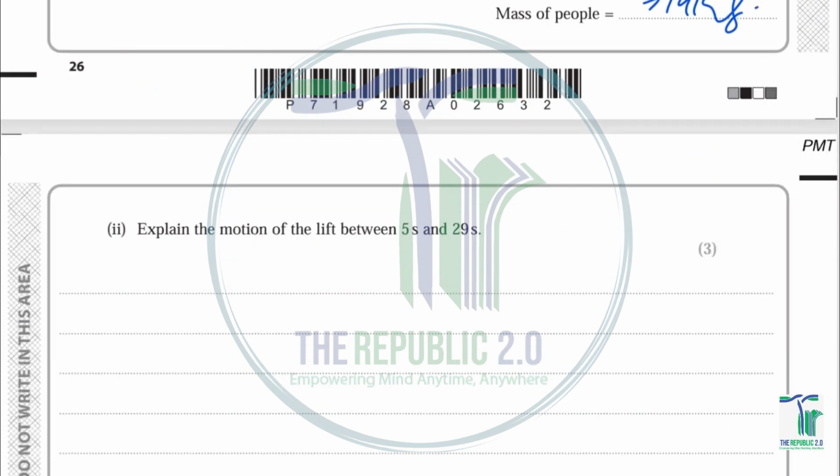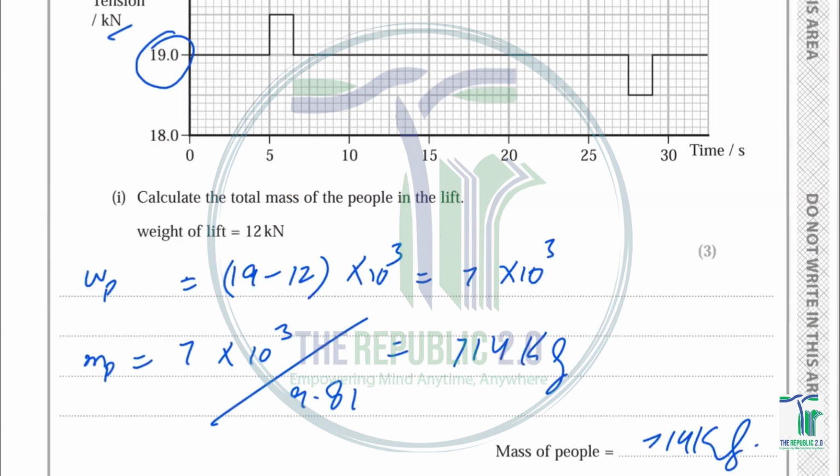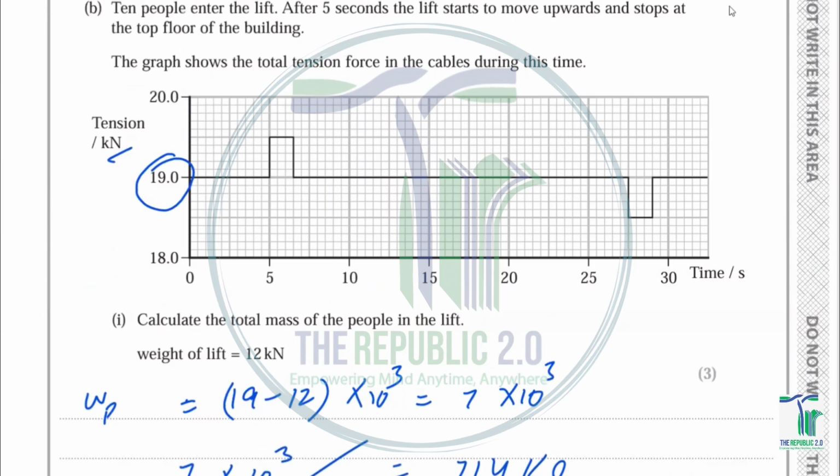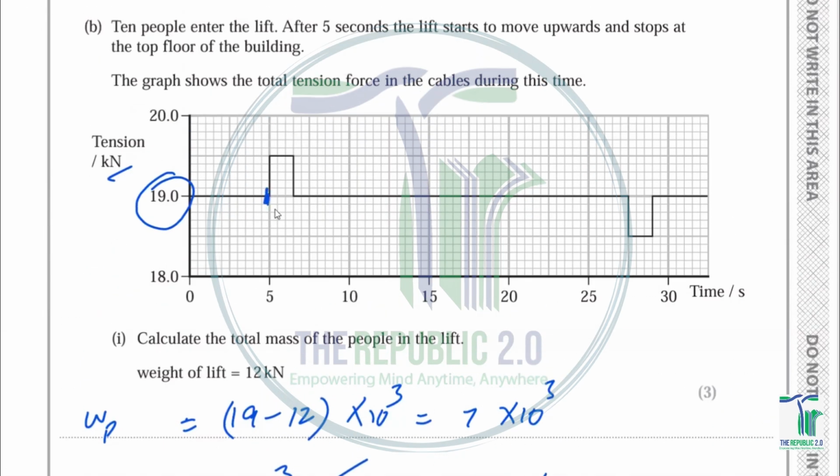Explain the motion of the lift between 5 seconds and 29 seconds. So we just need to explain the motion of the lift between 5 seconds and 29 seconds. So you can see that the 5 seconds starts from here, and until we have got something like 6.5.